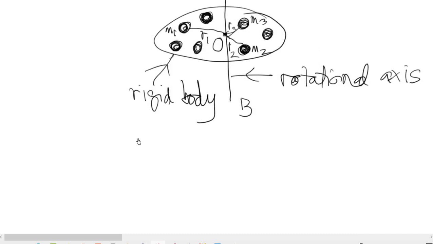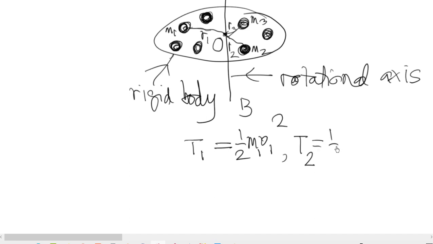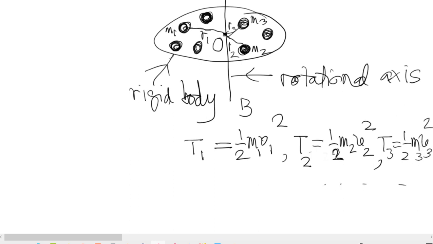So the kinetic energy of the particle with mass m1 is T1 equal to half m1 v1 square. Similarly, T2 is half m2 v2 square, and T3 equal to half m3 v3 square, and so on.